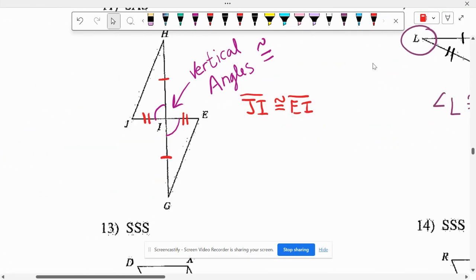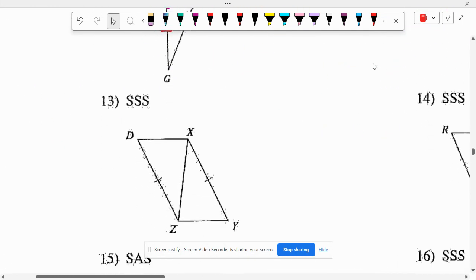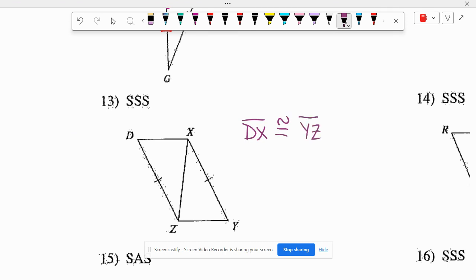What about example number 13? Why is it DX and YZ? What do you have marked that I don't have marked, Jacob? What am I missing? What's the common side? What's that thing in the middle called? It's just a segment.